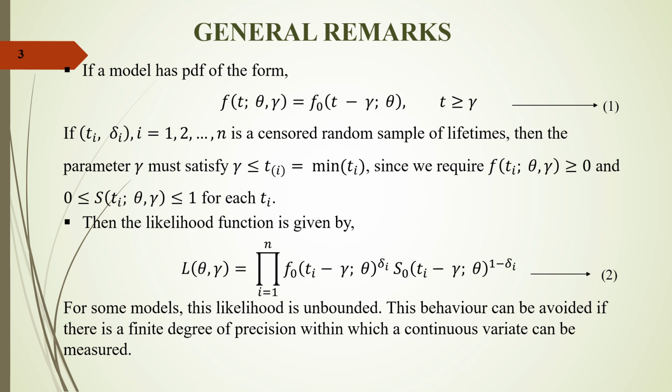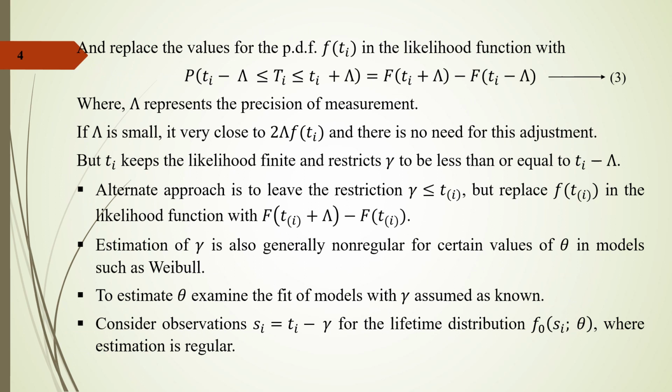For some models, this likelihood function is unbounded. This behavior can be avoided if there is a finite degree of precision within which a continuous variate can be measured. Replace the values for the PDF f of ti in the likelihood function with equation 3.